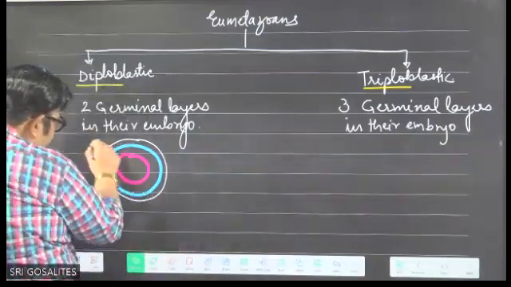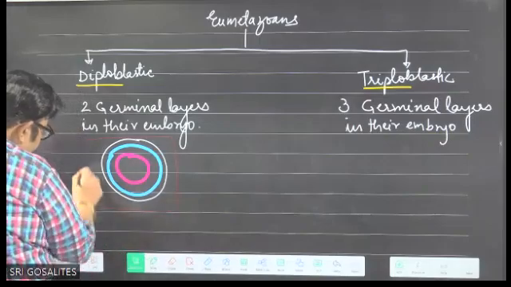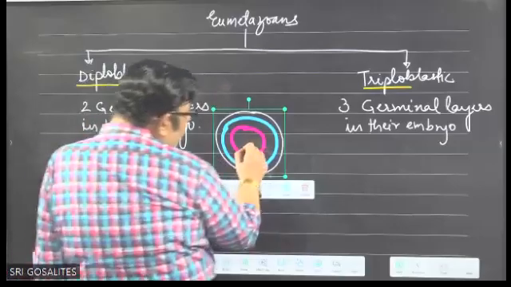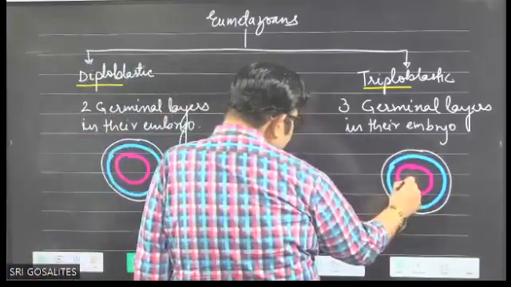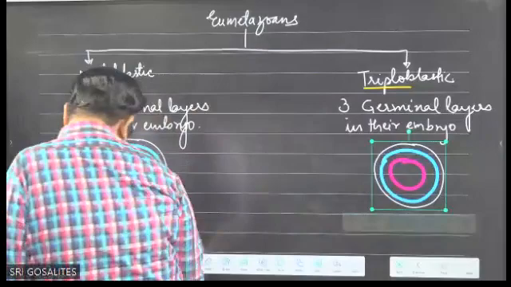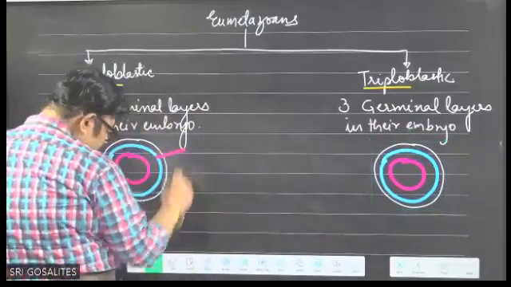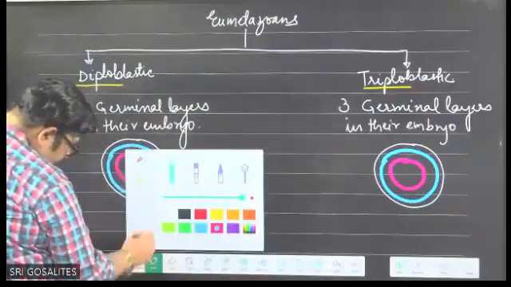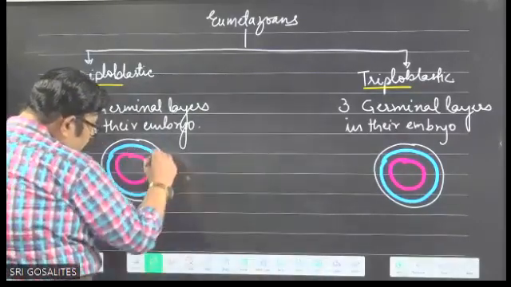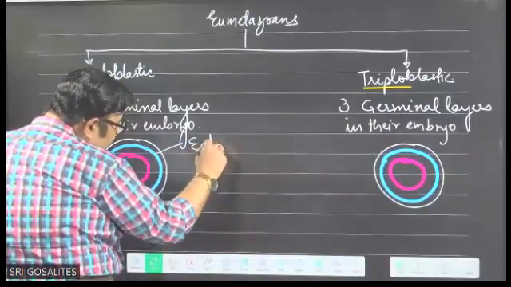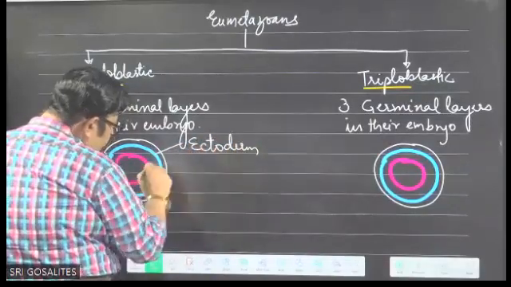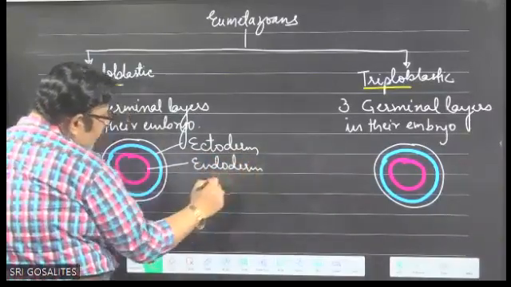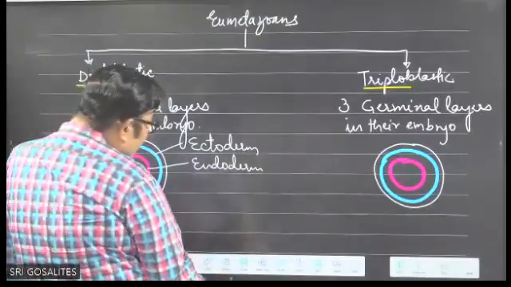Now, let's try to make a simple replica. So this one is ectoderm. The red one is endoderm. And the entire body is formed from either ectoderm or endoderm.